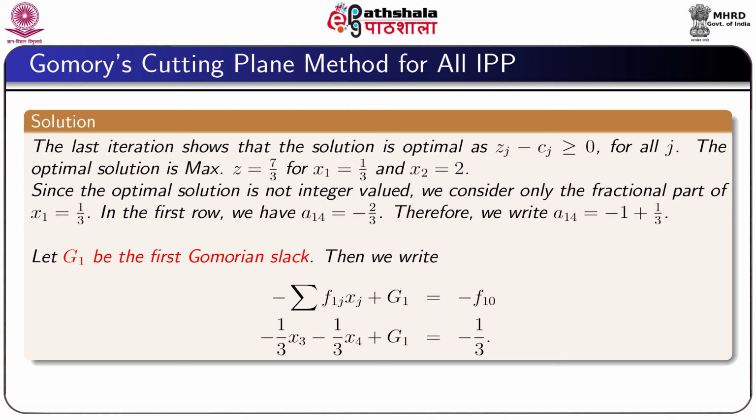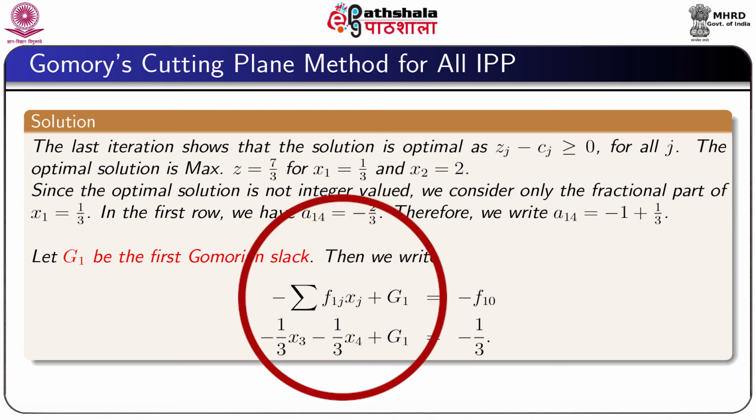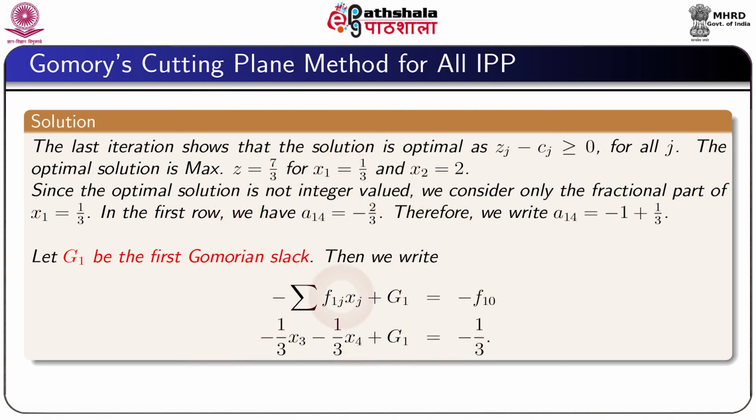Therefore, we write it as a positive fractional part. So, a14 equal to minus 2/3 can be written as minus 1 plus 1/3. Let G1 be the first Gomorian slack. Then we have the Gomorian constraint minus summation f1j xj plus G1 equal to minus f10, and this gives minus 1/3 x3 minus 1/3 x4 plus G1 equal to minus 1/3.